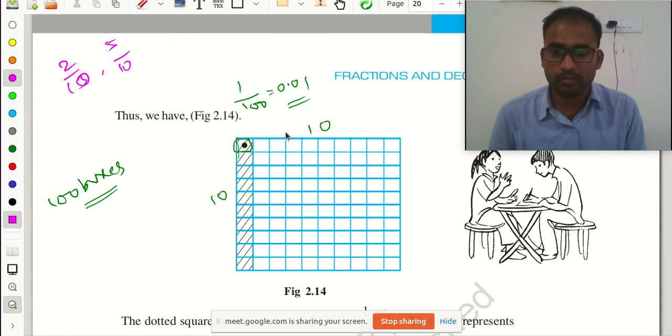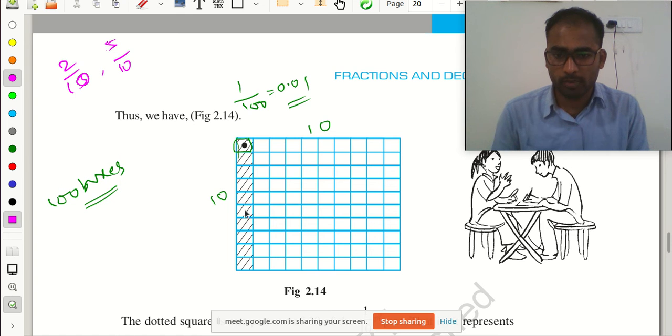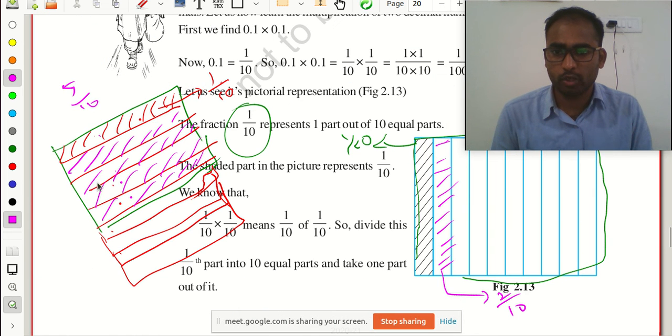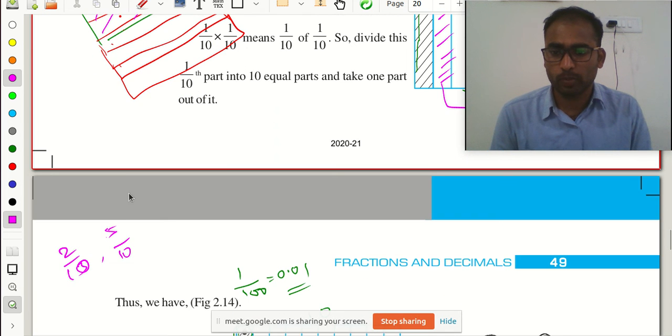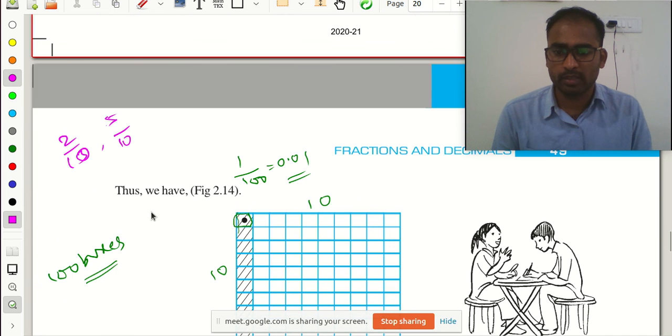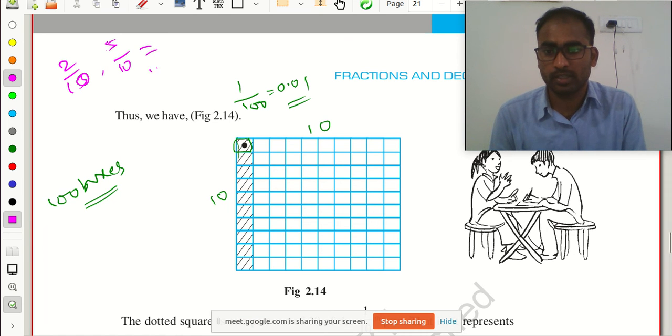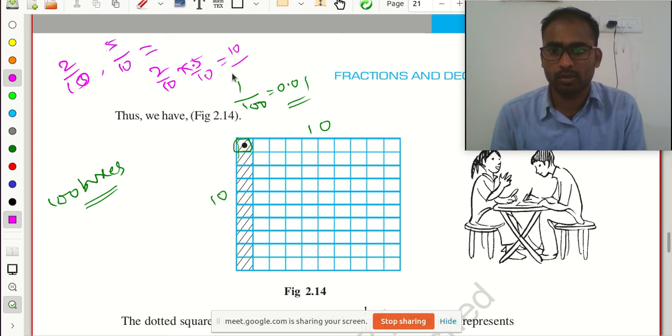See the numerator part: 2 by 10 and 5 by 10. So I need to cover a total of 10 boxes out of 100 boxes. If I multiply 2 by 10 with 5 by 10 now, 2 times 5 is 10, and 10 into 10 is 100.